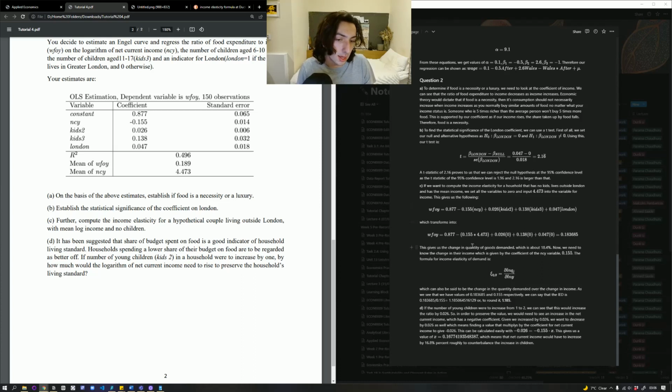You can represent it algebraically as minus 0.026 equals minus 0.155 times x, where x is our percentage increase in the income. And we get about 16.7 or 16.8%. So income would need to rise by 16.8% in order to counterbalance this change.